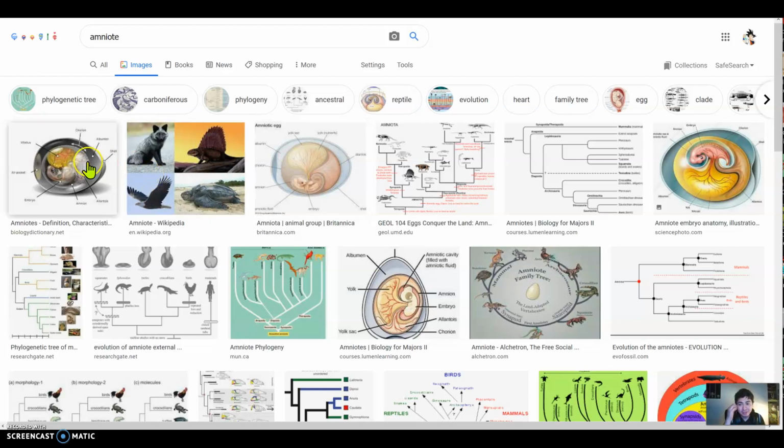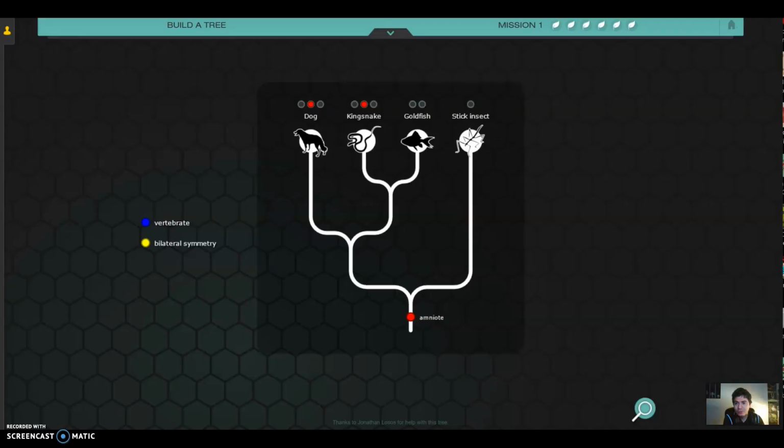It's almost like an egg, and you can see it here. For dogs and humans and pretty much almost any mammal, we stay in this placenta for some time before we're born. For snakes, they stay in an egg or a shell before they're born. They're both preserved in this fluid before they're born, unlike fish, or at least goldfish, and stick insects.